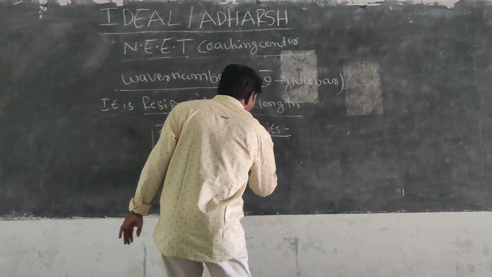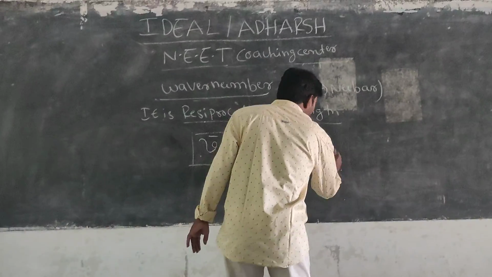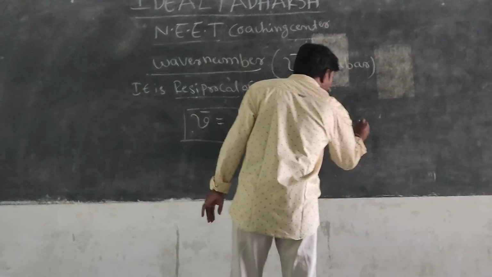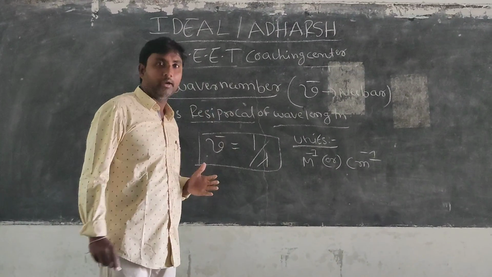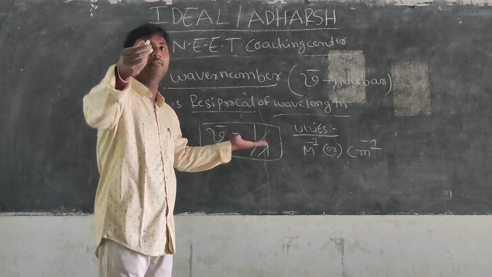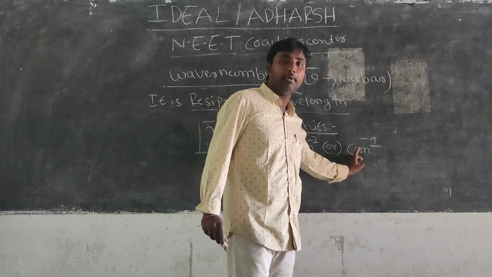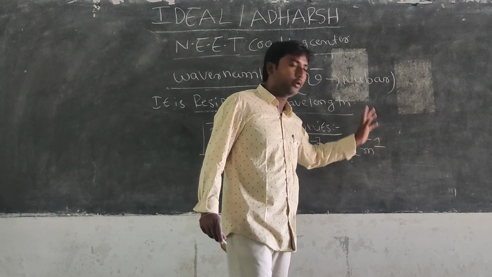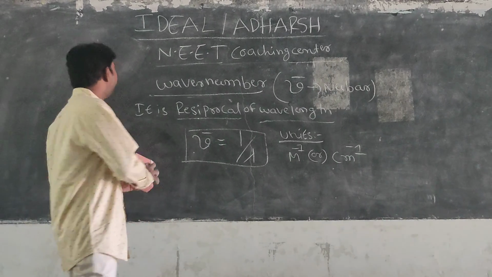That means meter inverse, centimeter inverse. These are the units of wave number. This is about the wave number.